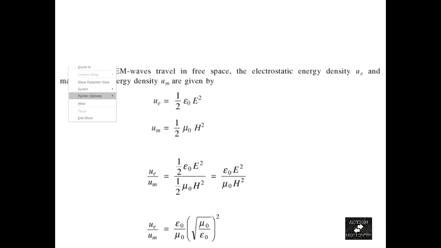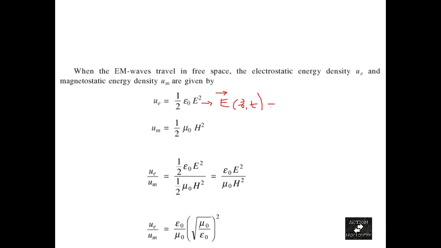We saw the solution of this plane electromagnetic wave propagating in free space. The solution was of the form E equals E naught. So you have this electric field, E, which is a function of r and t, where r is the position vector and t is the time.